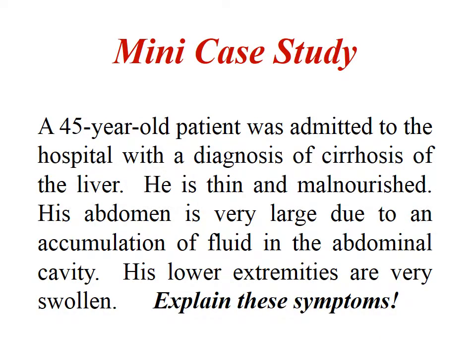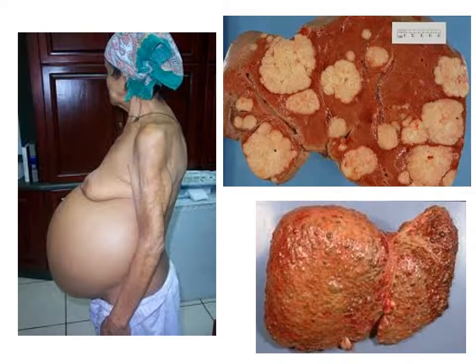Okay, a mini case study for you. Use what you've learned about the liver, bile production, and even plasma proteins to figure out this case study. In the A&P Cafe, explain these symptoms. A person suffering these symptoms in the previous slide.